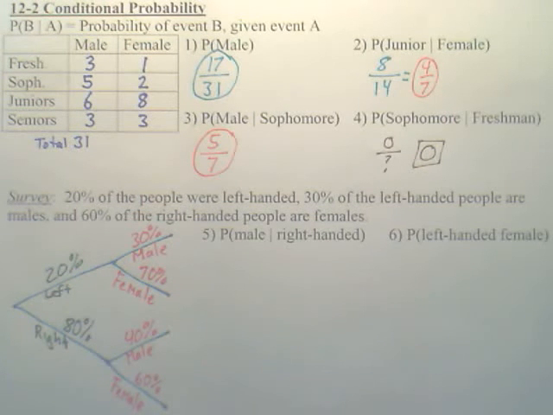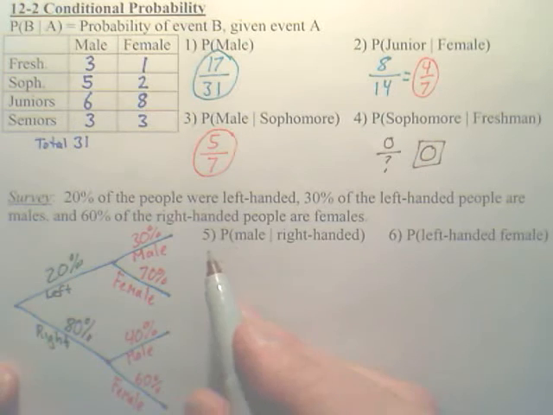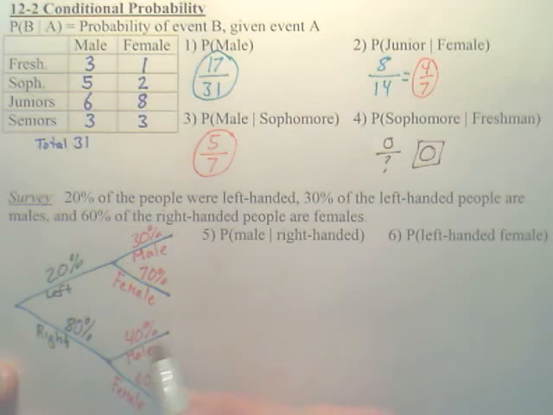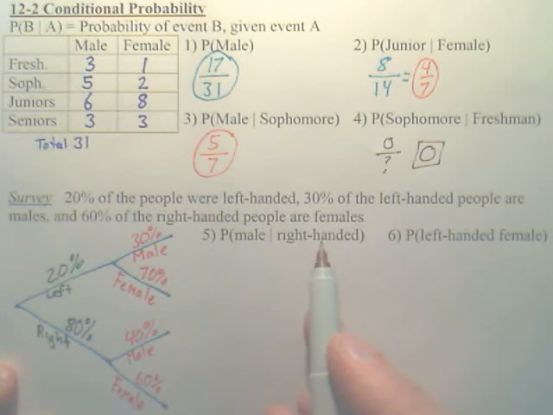Alright, you need to make this table, this chart, kind of a tree diagram to do the problems we're going to get into. It helps a lot. Number 5. Let's think about the chart. The probability of a male given they're right-handed. So which row are we going to focus on? Well, given means we focus in on one of these sides. Either left or right-handed. Which one are we focusing on?